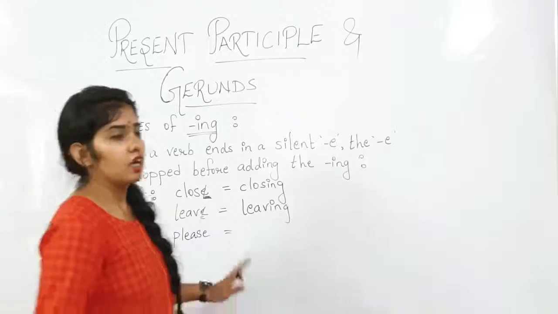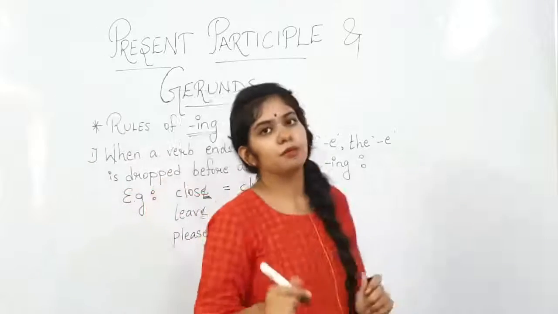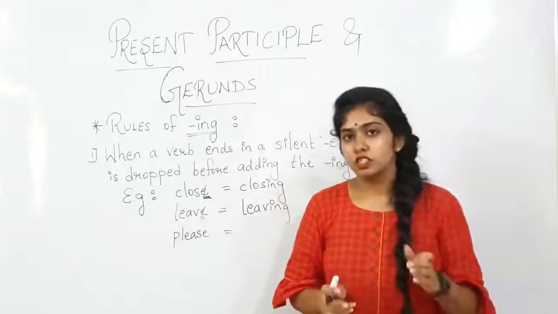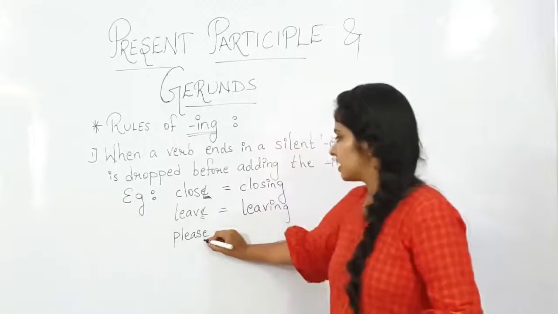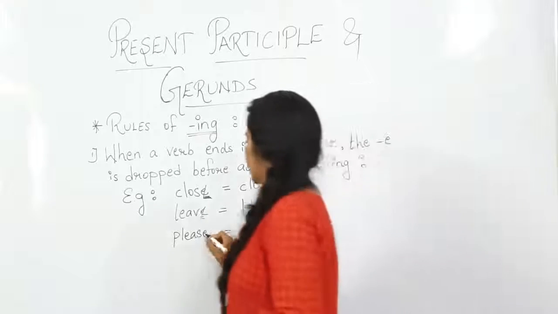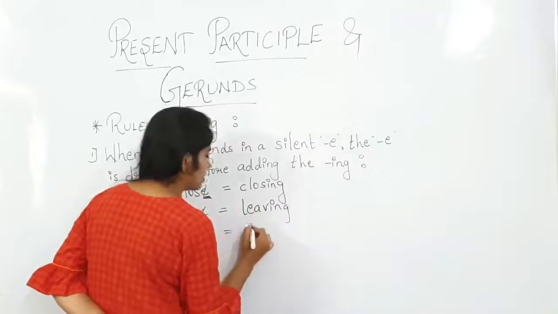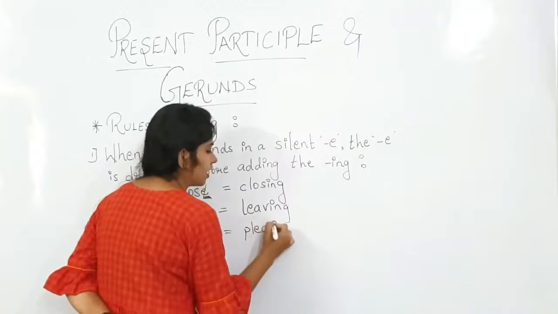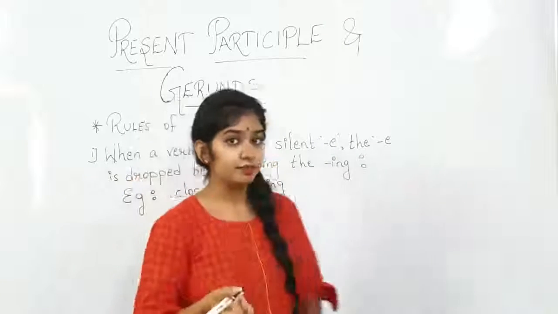Please. Over here, the last sound is please. Over here also E is silent. So we will cut the E, and instead of E, we will add ing: pleasing.